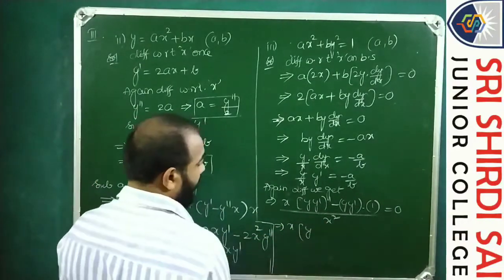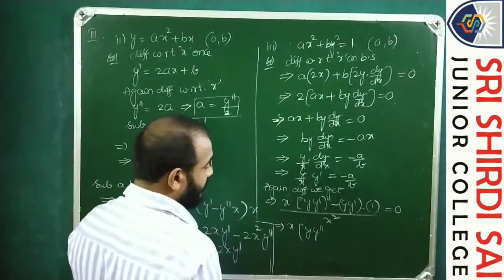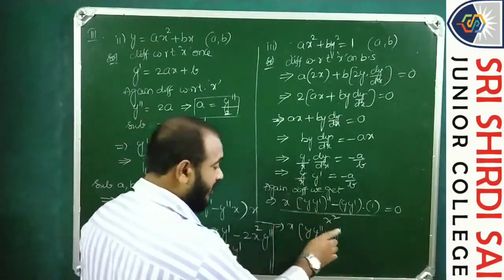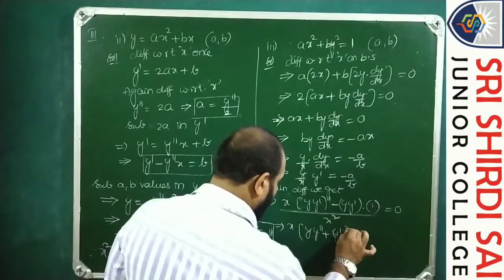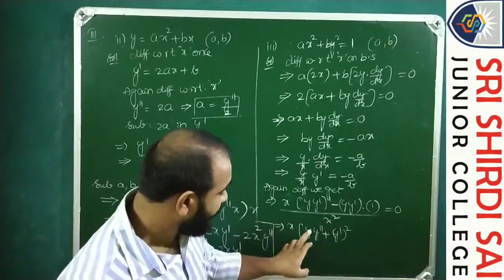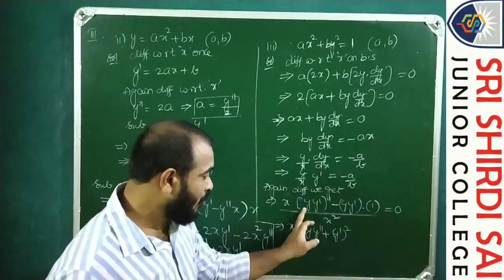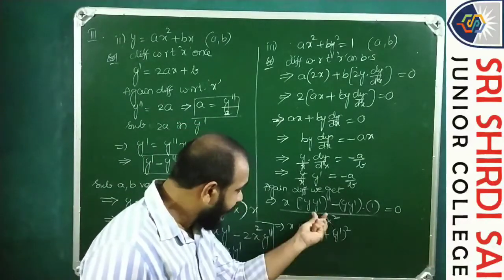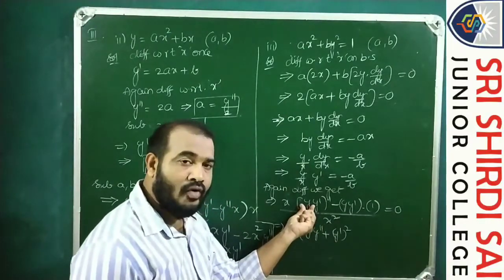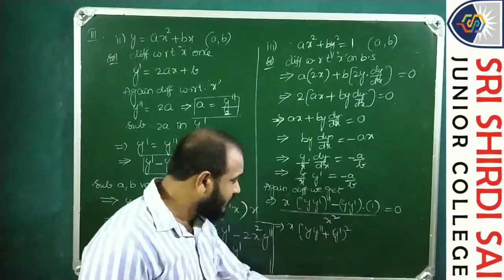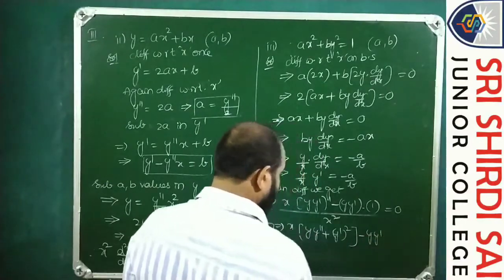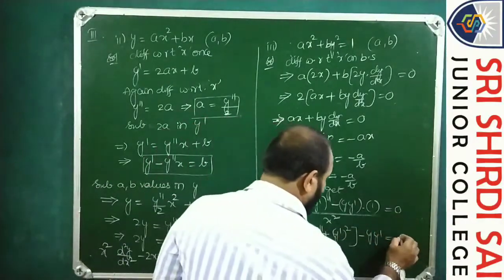So y dash derivative is y double dash, plus y dash into the derivative of y, which is y dash, so y dash whole square, minus y dash, this is equal to x square into 0, cross multiplication 0.